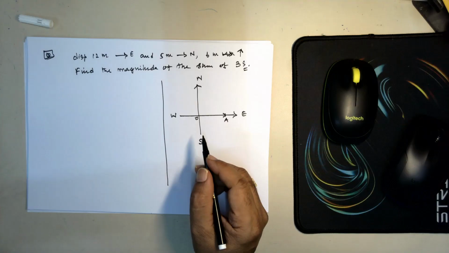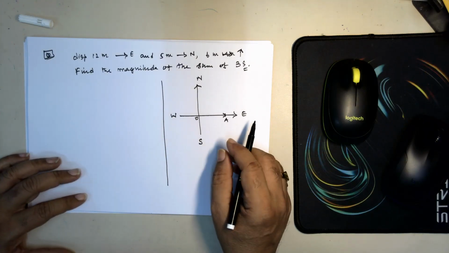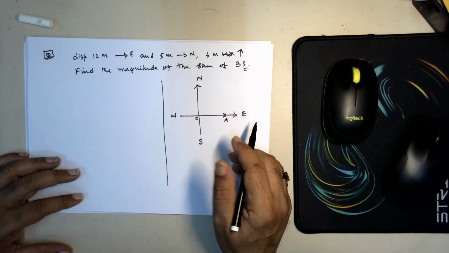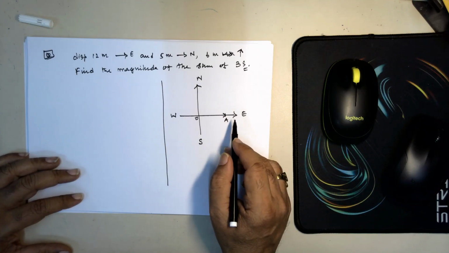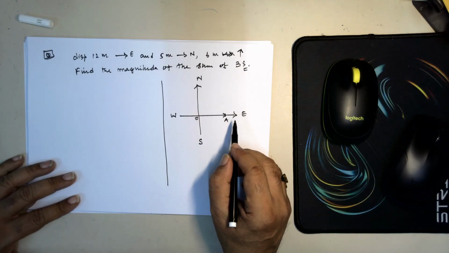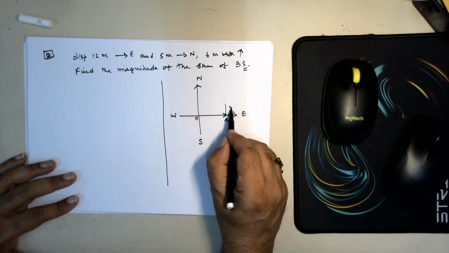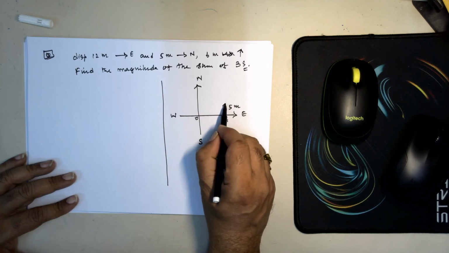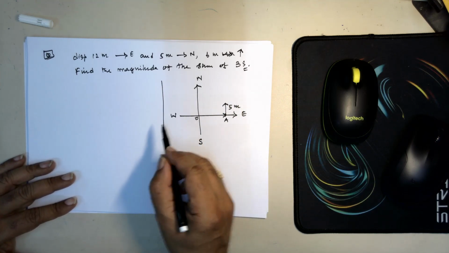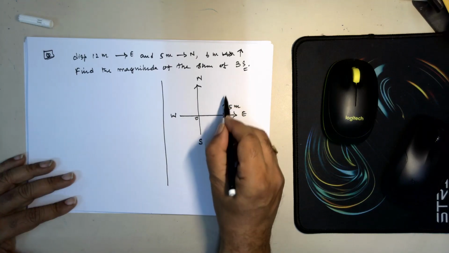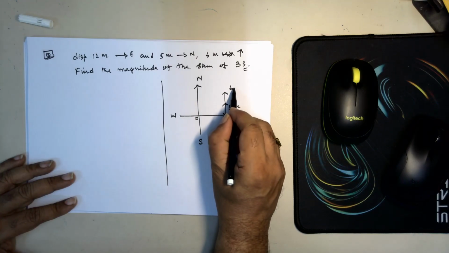Then there is a displacement towards north, that is 5 meter, right? So 5 meter towards north. And then again vertically upward 6 meter.